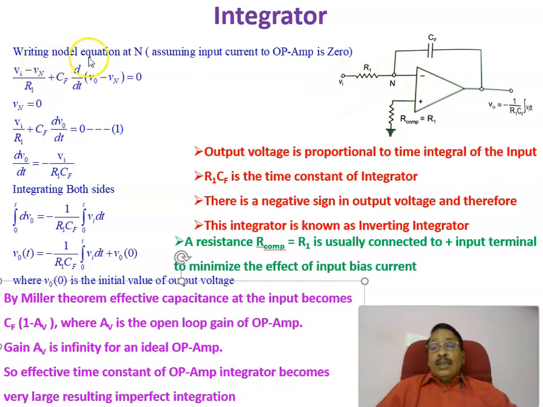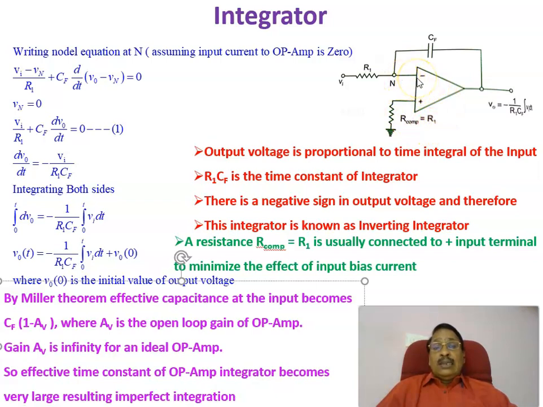Now, writing the nodal equation at this point: the current coming towards the junction is equal to the current leaving from the junction, assuming that the input current of the op-amp is equal to 0, since the input impedance is very large, infinity.